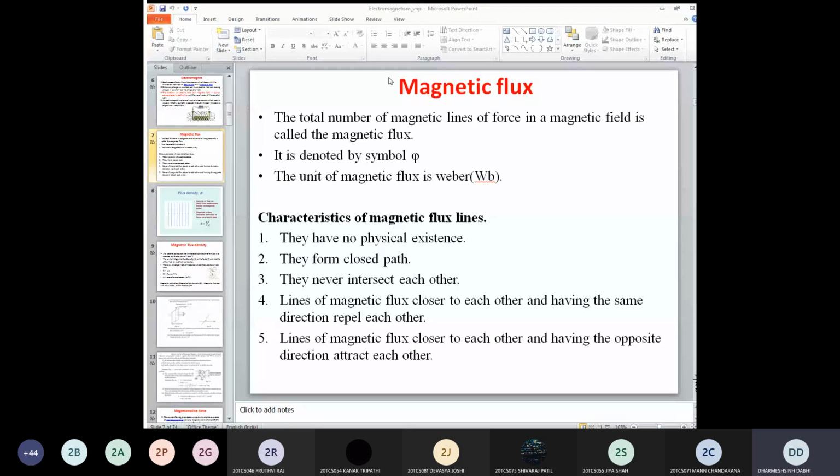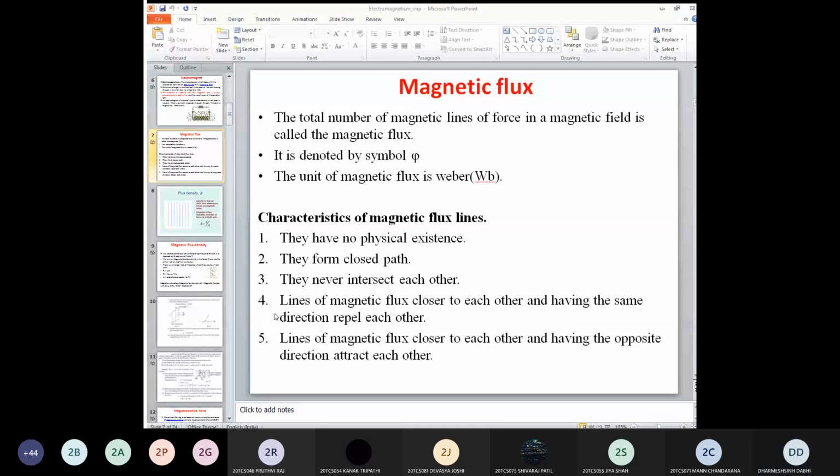As you know, the flux density equation, B is equal to phi by A. So phi, the flux, is B into A. So when this plane is exactly perpendicular to the flux lines and all the flux is passing at right angle to this plane, then maximum flux is passing through this plane. And that maximum flux is equal to flux density into A.